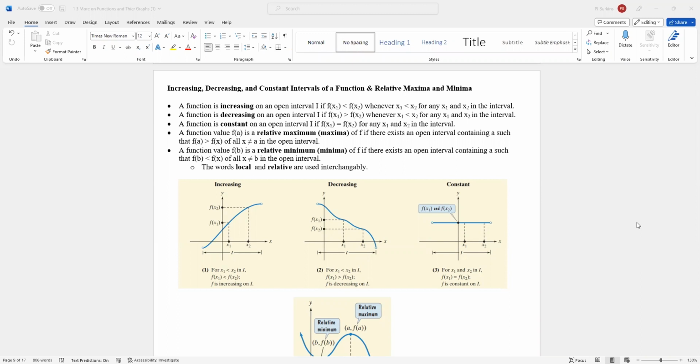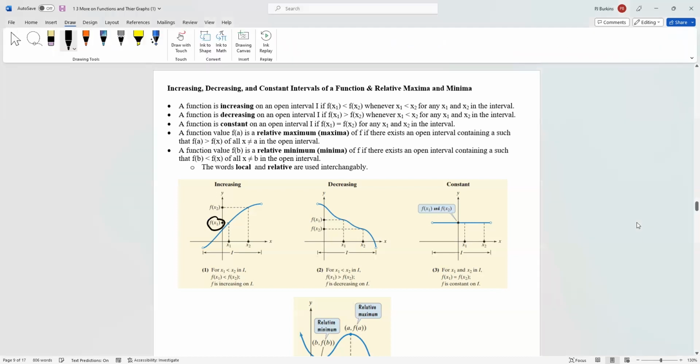So for the first one, it says a function is increasing on an open interval if the f of x1, shown here, is less than f of x2. Really what that means is that the y value at this point is less than the value at that point, whenever x1 is less than x2.